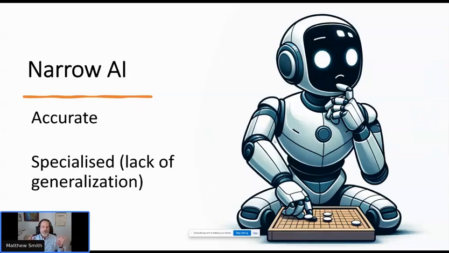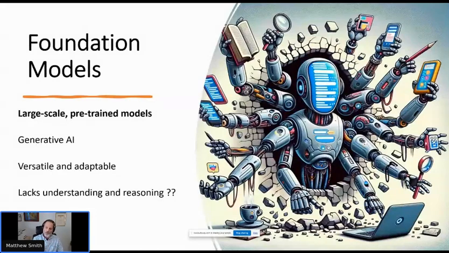And these were the two major paradigms or categories of AI up until about 5 or 6 years ago, when something called foundation models burst onto the scene. And really what these foundation models have done is sort of broken down the dichotomy between narrow AI, which is very specific tasks, and this idea of general artificial intelligence, which can generalize to many tasks.